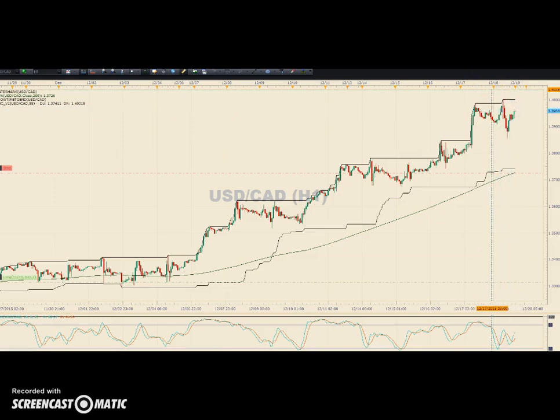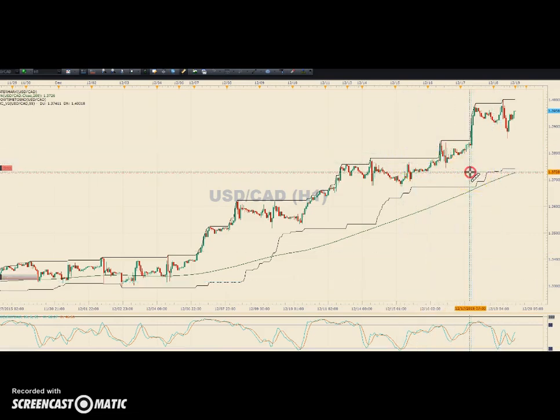So no matter what happens on this particular trade, if price action drops like a rock and I get stopped out right there, I'm still in positive territory because where I first entered the trade was down at 133.13. My stop is at 137.24. So if I did get stopped out, I'd get stopped out with a profit of a little over 400 pips.